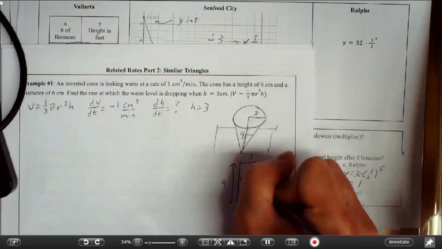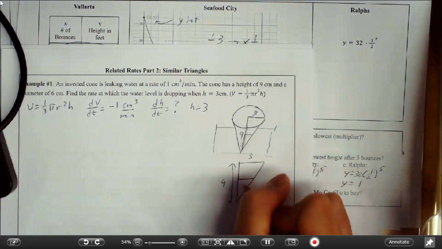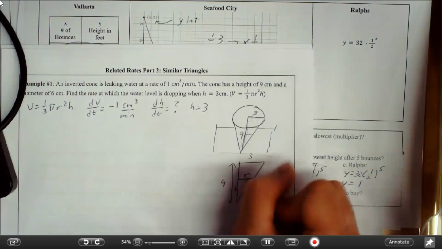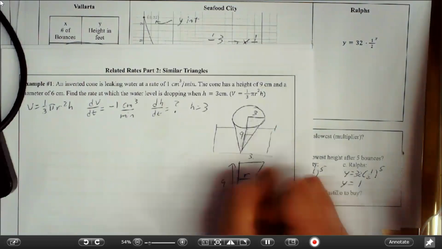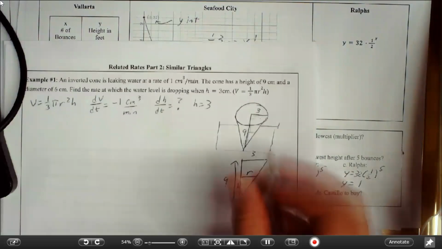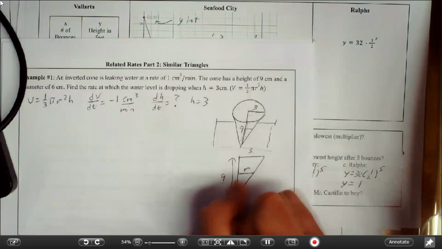But obviously the water volume is decreasing, so we're going to find the volume at some other height. Right here, this r and this h are proportionate to 3/9. So I am going to write a ratio here: r over h is 3/9.